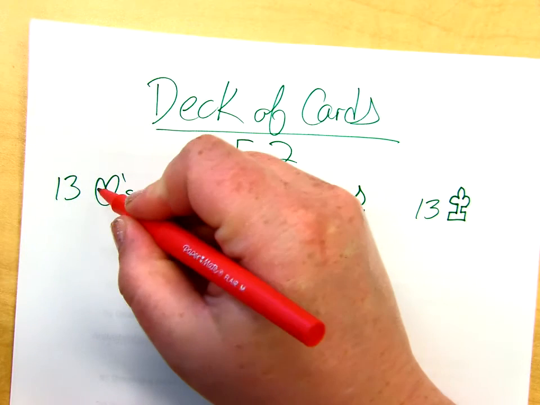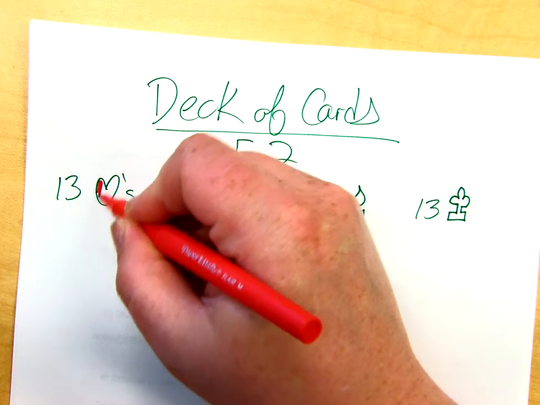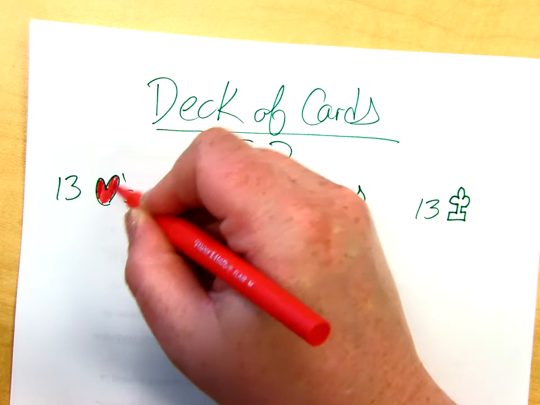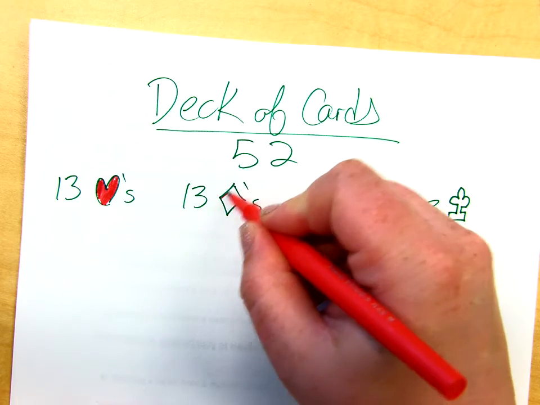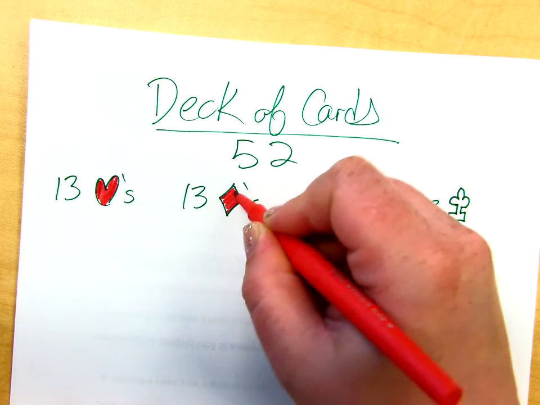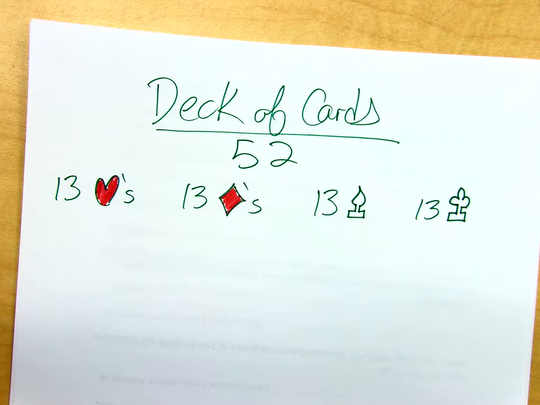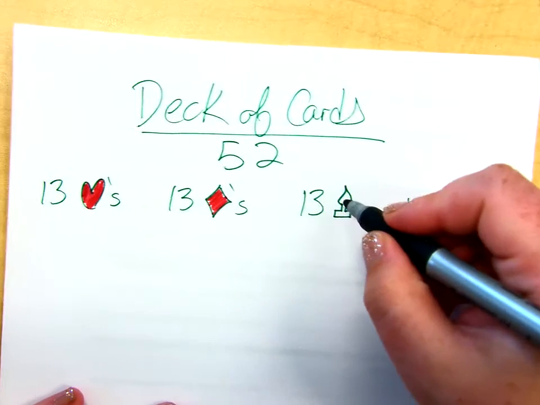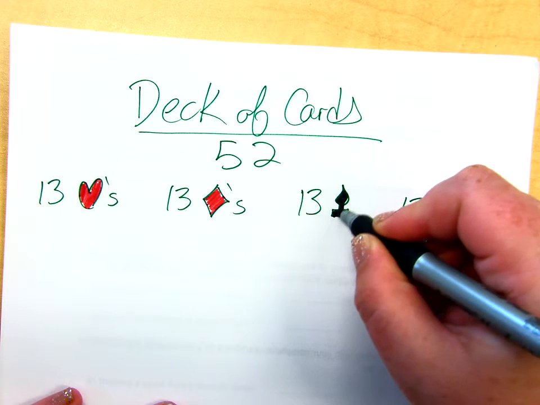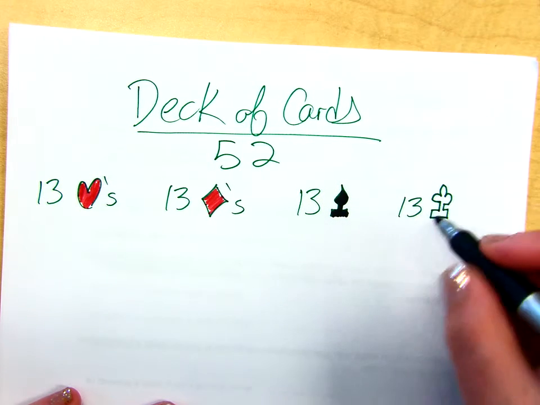As you might imagine, the hearts are red, as are the diamonds. Spades are black, as are clubs.